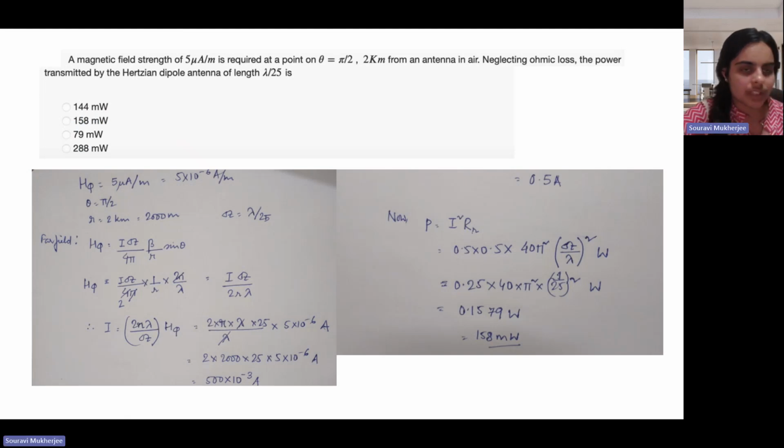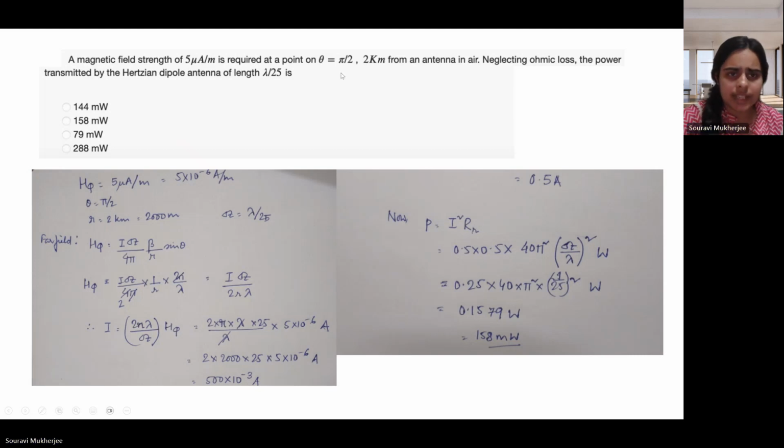Now I would just discuss a simple question here. Here you have the magnetic field strength given, so your H phi is given. You know that the field point is located at some theta, which is given as pi by 2. It's around 2 kilometers from the antenna, so your r is given.